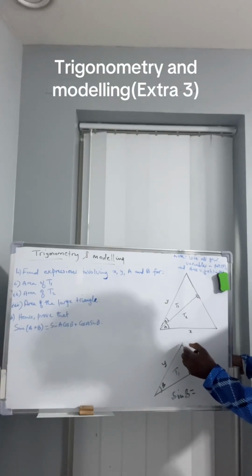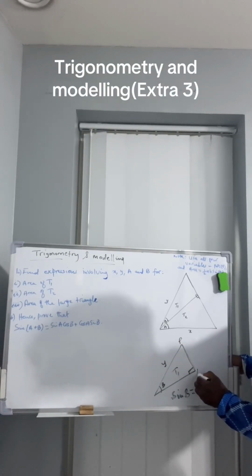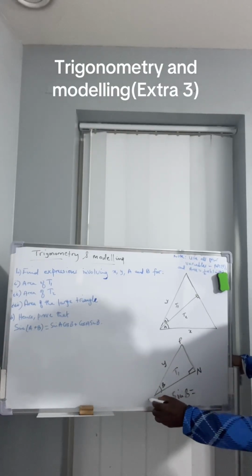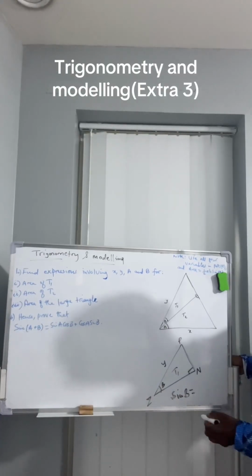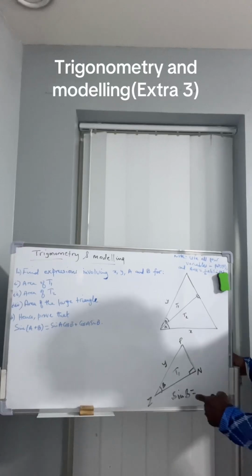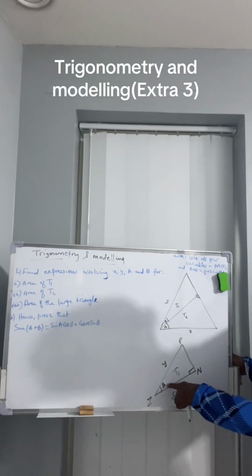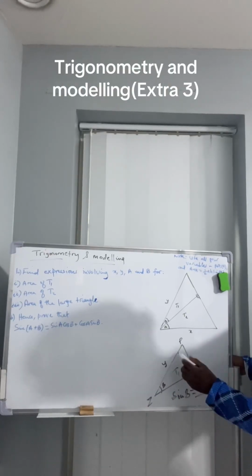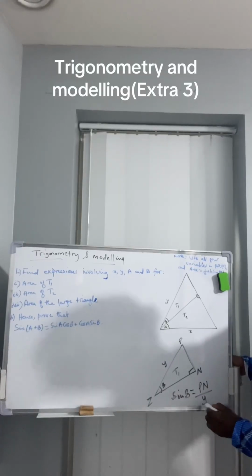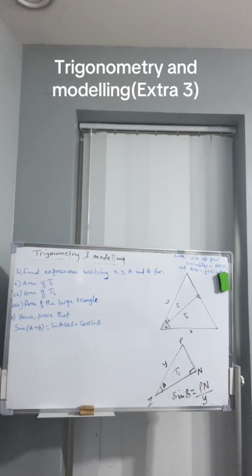Suppose we say this is P, N and Z. Yeah, we'll label it like this. So sine of B is the opposite, which is PN, all over the hypotenuse, which is PZ, which is Y. That's what you get for sine of B.